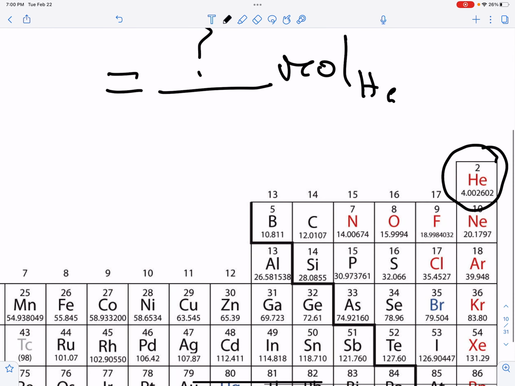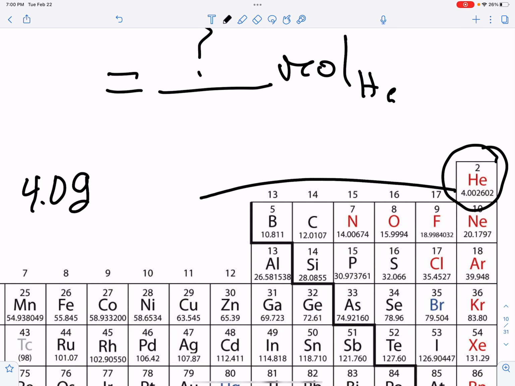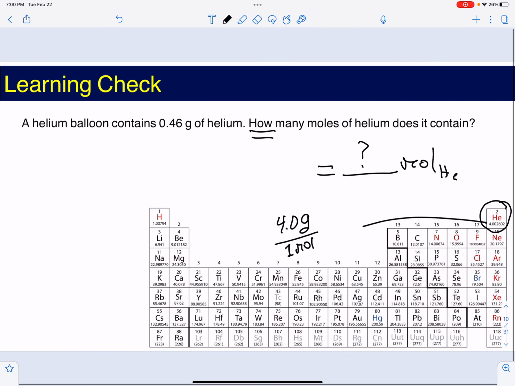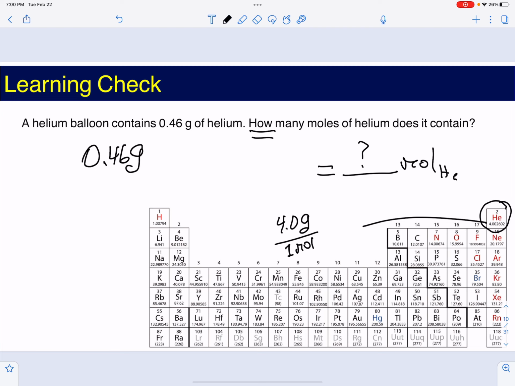So according to this, helium is 4.0 grams for every 1 mole. So beginning with 0.46 grams of helium, super important that you start getting used to putting grams of what?